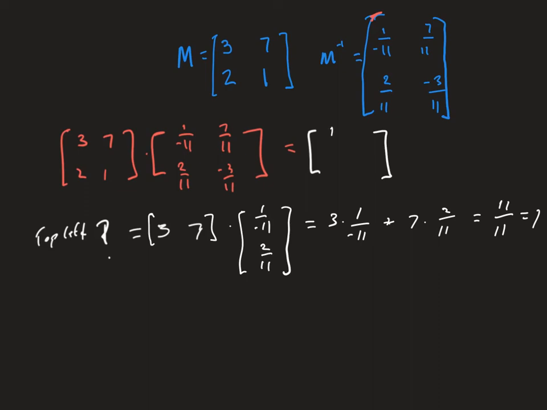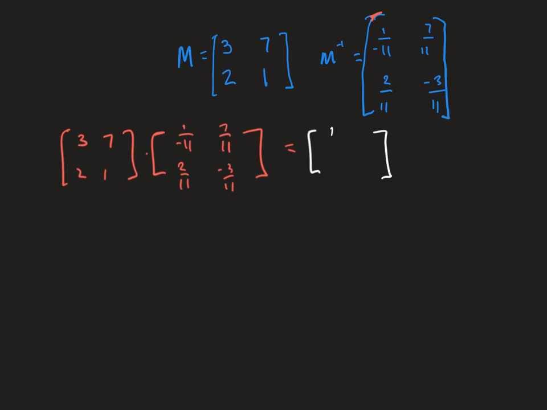Now let's go to the second entry in the first row, which is this question mark that I just drew in. What goes there? We take the first row again and do the dot product again. So 3, 7, but this time with the second column, which is 7 over 11 and minus 3 over 11. Sorry for my terrible handwriting.